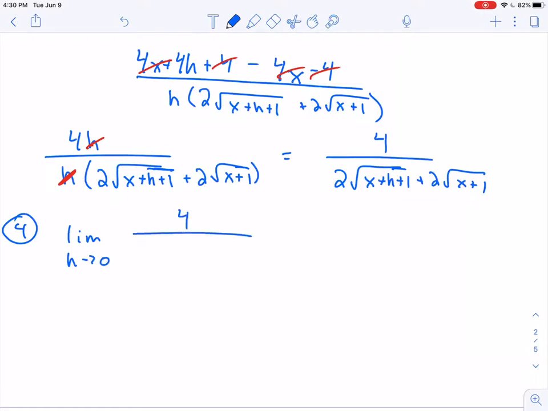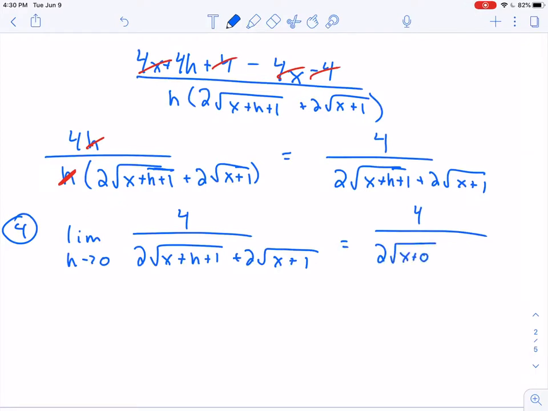4 over 2 square root x plus h plus 1 plus 2 radical x plus 1. And if you've been simplifying along the way, we should just be able to plug 0 in for h. So I have 4 over 2 square root x plus 0 plus 1 plus 2 square root x plus 1. Let's see, I've got 4 over 2 radical x plus 1 plus 2 radical x plus 1.